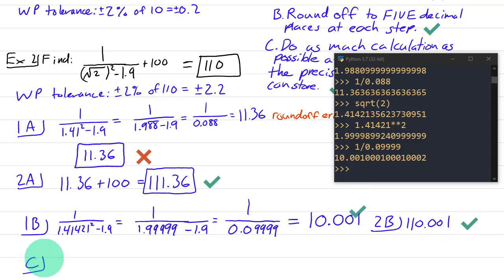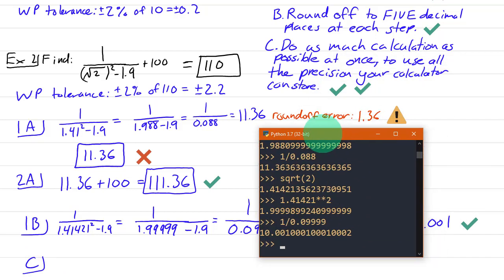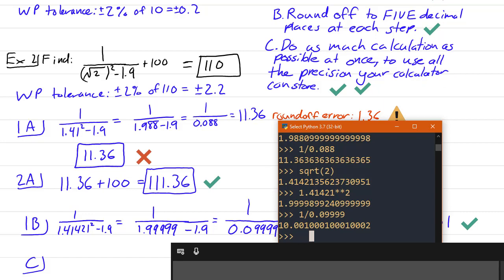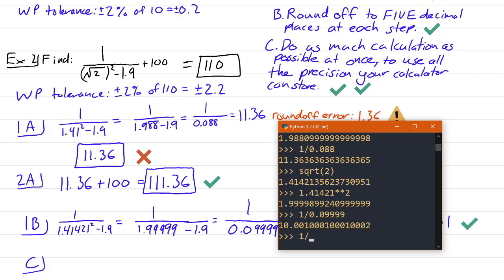C is my favorite as somebody who studied computer science in college, because doing as much calculation on one line of your calculator is a little bit like programming. So what we're going to do here is just the whole thing in one line. 1 divided by the square root of 2 squared minus 1.9.